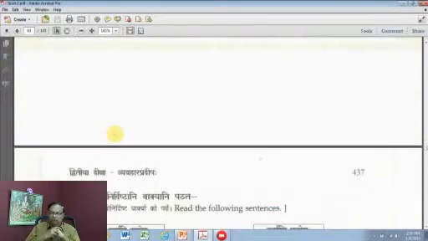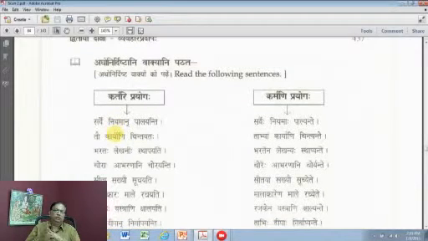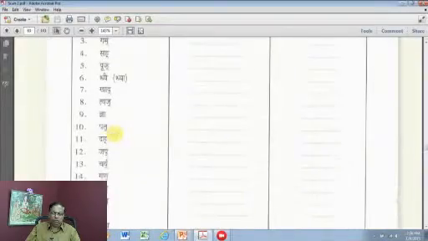So I think it is very simple. I don't think there will be any problem for the learners to write them out. I will rapidly read them for your sake, slowly.